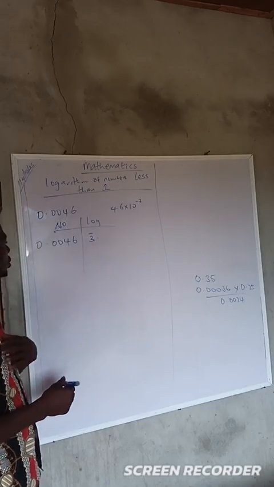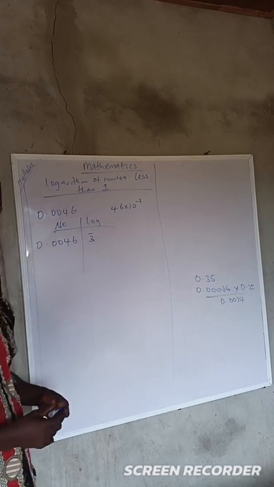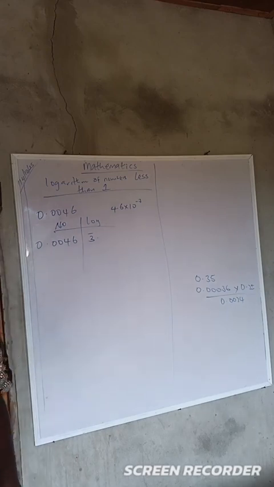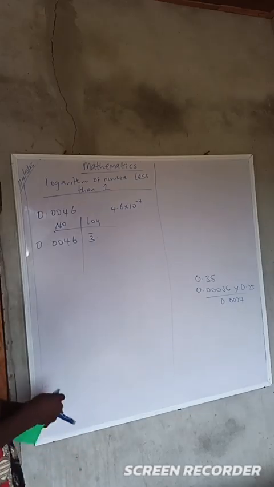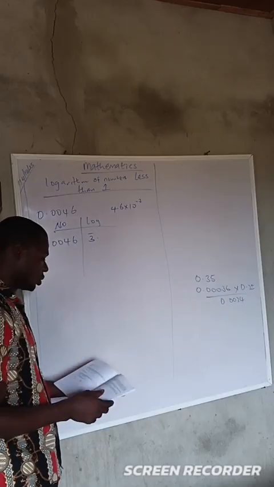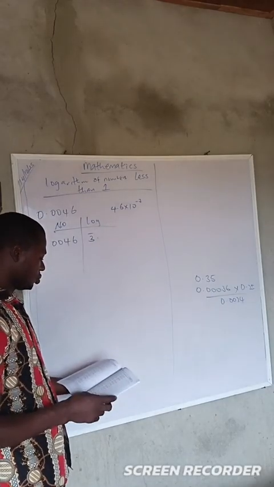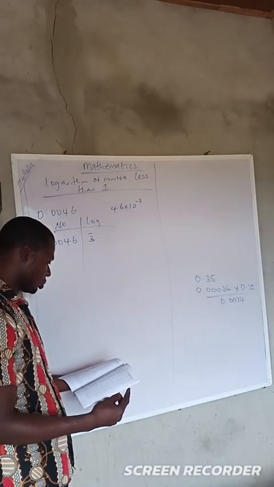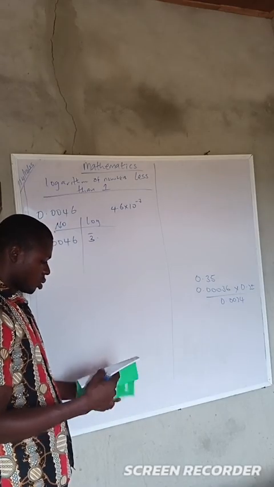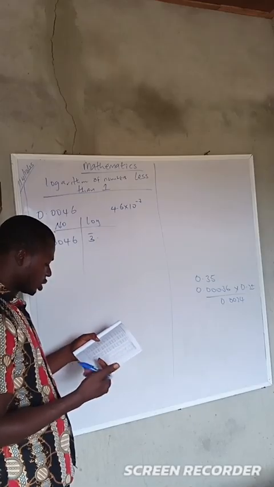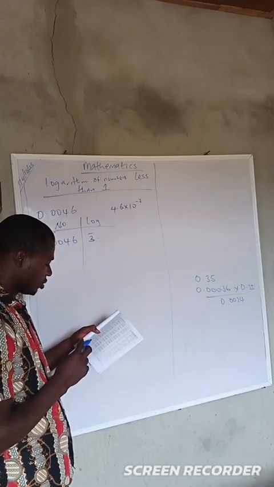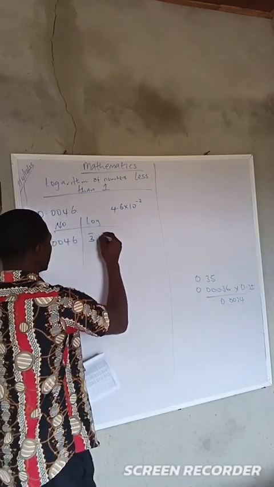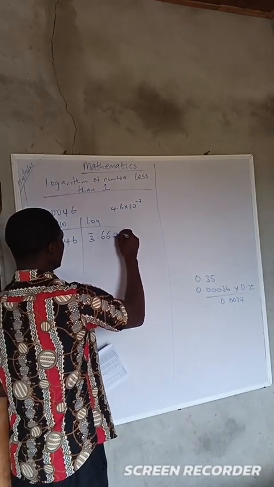Then you can just go to your 4-figure table and check 46 under 0 on your logarithm of numbers. Check 46 under 0. On logarithm of numbers, 46 under 0, we have 6628.